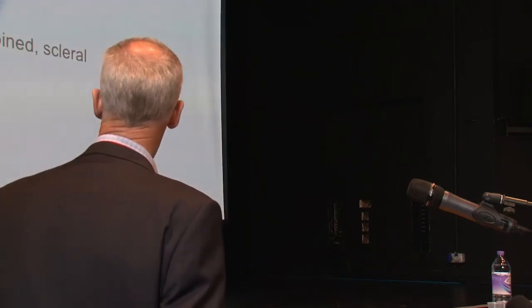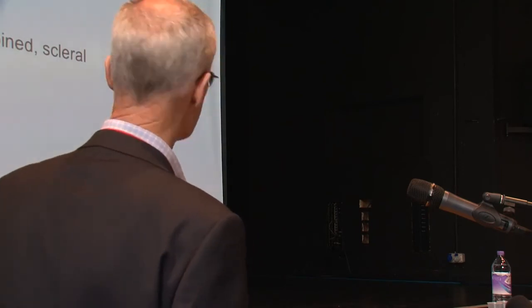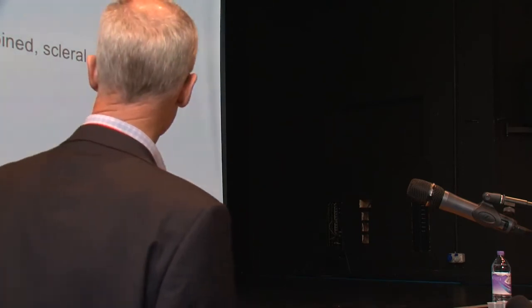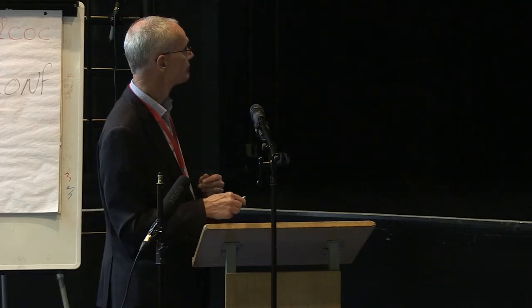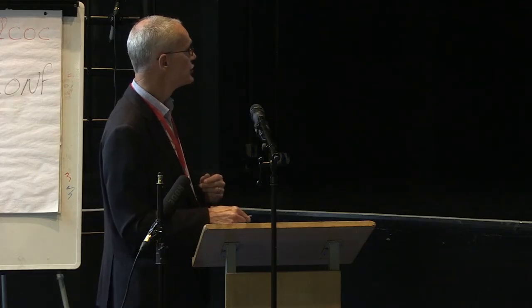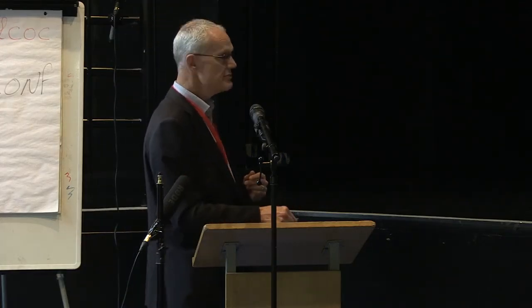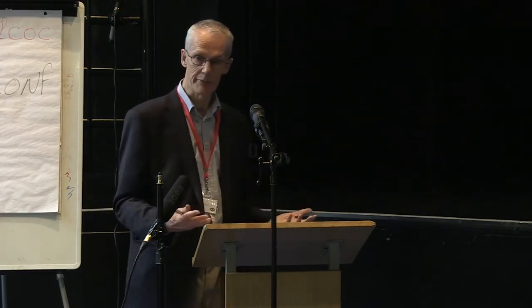Next slide, please. So, visual rehabilitation, a very nice summary of all the options: spectacles, contact lenses, surgery. What's missing down here is anticipation, to identify individuals who are at risk of this.